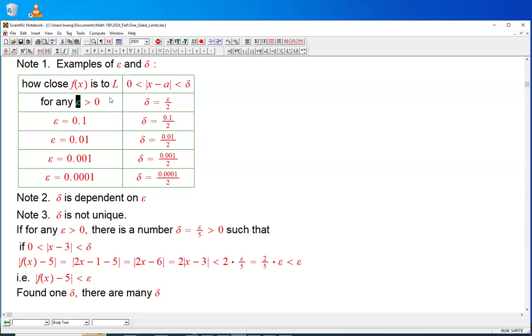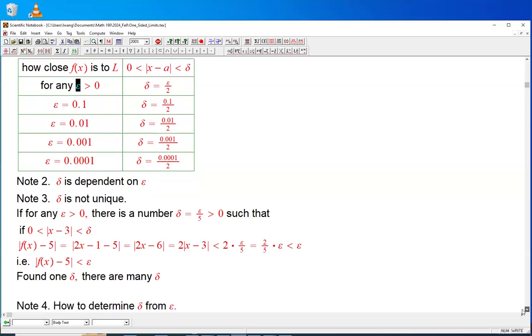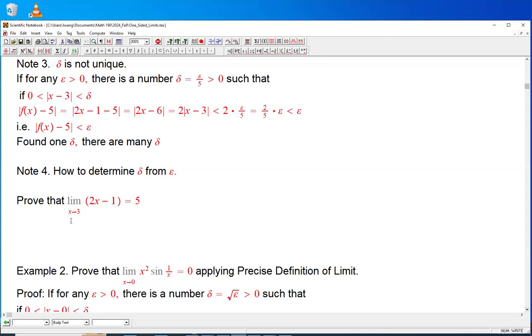Epsilon is the requirement for the closeness. You want it however close you want. I can always make it happen by restricting x and finding the interval of x such that the closeness can be realized.